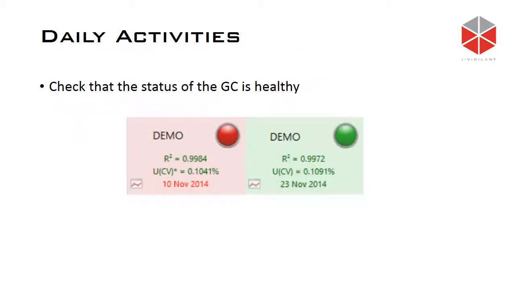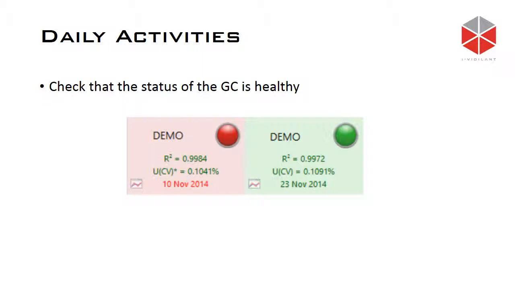Now, if we have all this data and it's all automated, the only thing that the technician needs to do on a daily basis is look at the traffic light system. We can put a traffic light system, green for good or red for bad. We base this on the correlation.